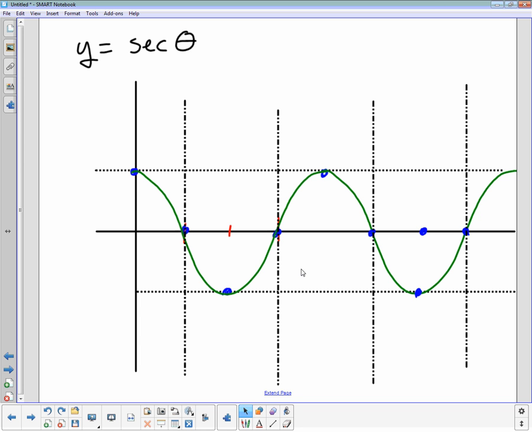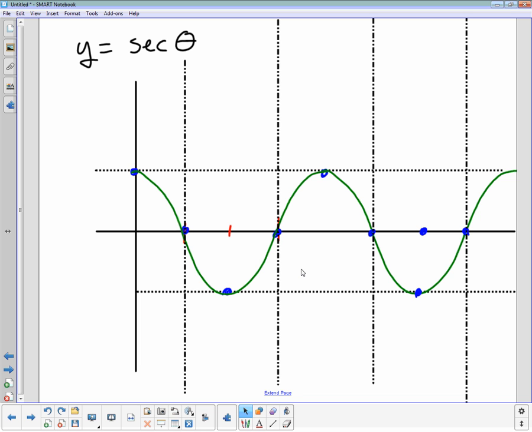And if you remember a minute ago, I said that the cotangent and the tangent intersected at the top of the box, right?